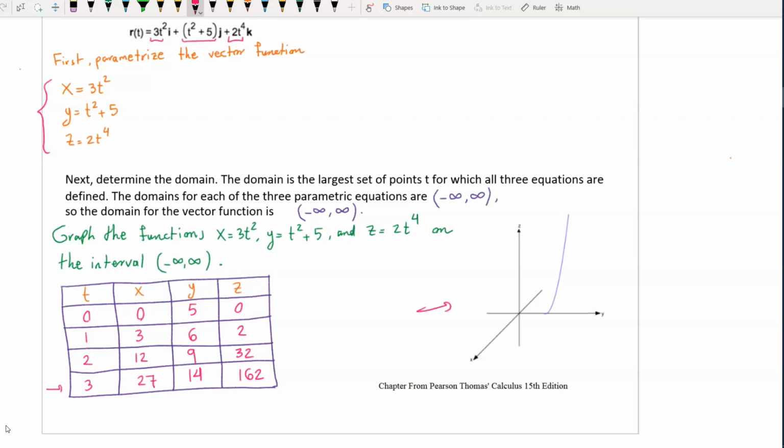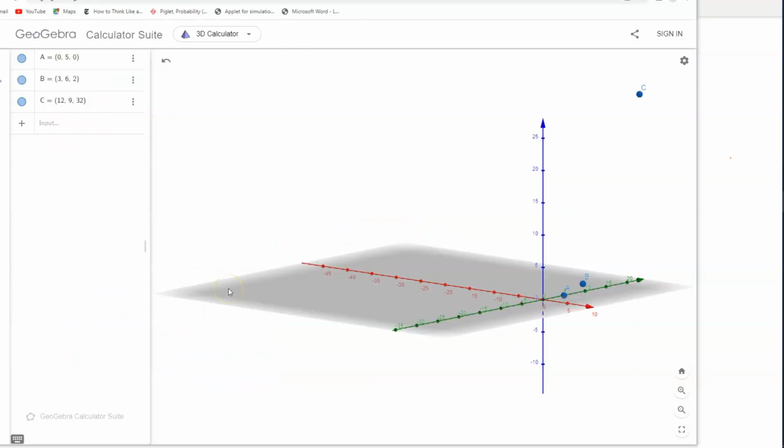This is our graph, and I used GeoGebra. The first 3 points that I had were 0, 5, 0. Then I had 3, 6, 2, and 12, 9, 32. So the first one here is A, we have B, and here is C. If we connect all these 3 points, you're going to have what we have here.